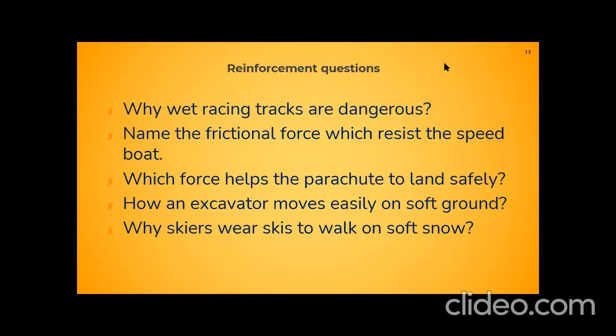Why are wet racing tracks dangerous? Wet tracks reduce the friction. Your simple answer should be that wet tracks reduce the friction and it may lead to accidents.